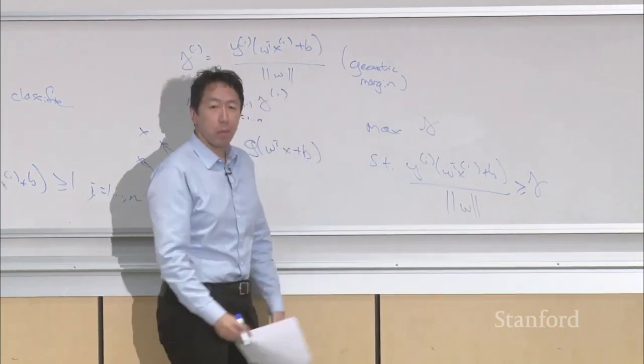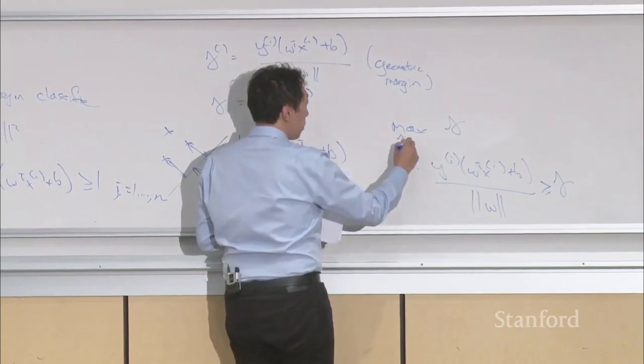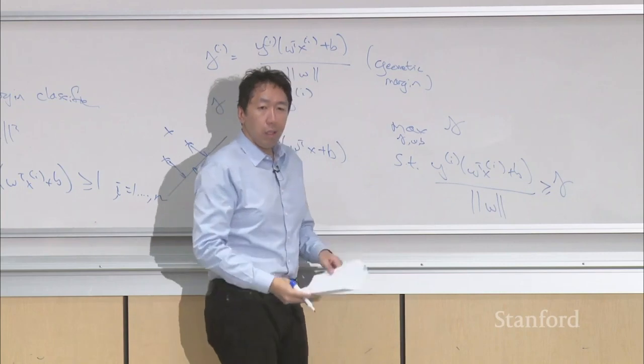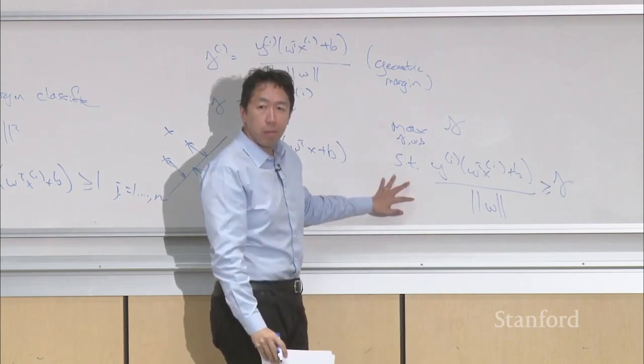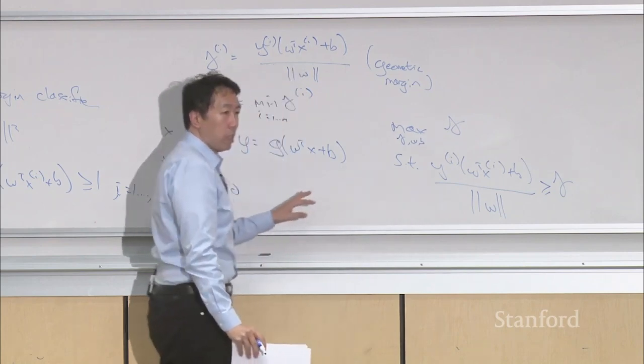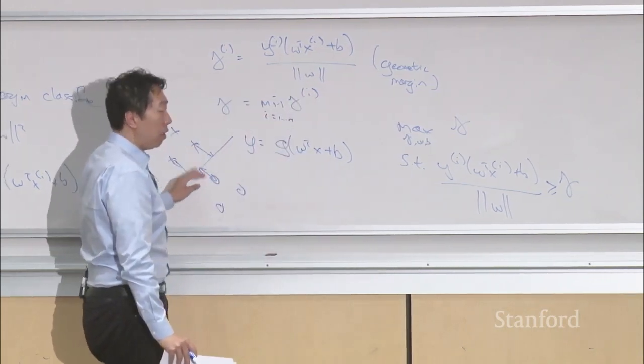So in this optimization problem, the parameters you get to fiddle with are gamma, W, and B. And if you solve this optimization problem, then you're finding the values of W and B that define a straight line, that define the decision boundary.